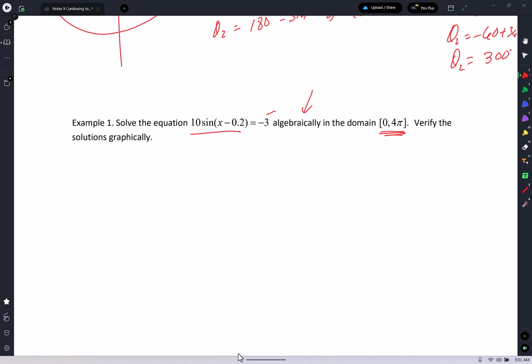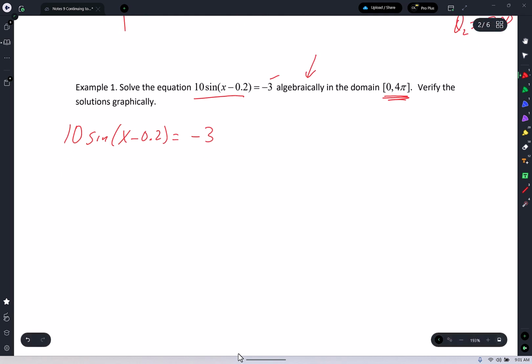So here we go. I'm going to first start out by writing the statement. 10 sine x minus 0.2 equals negative 3. I'm trying to solve for x. What's my first move? Divide by 10. Awesome. Sine x minus 0.2 equals negative 3/10. What's my second move?